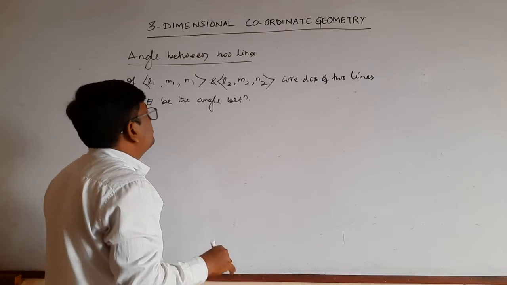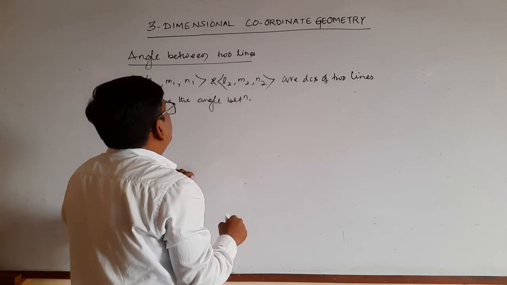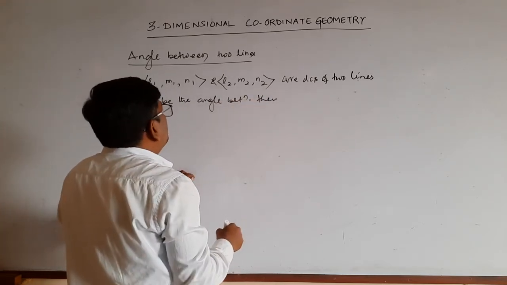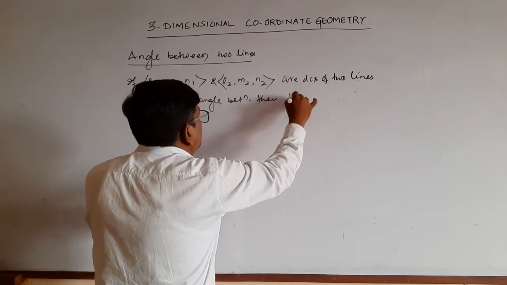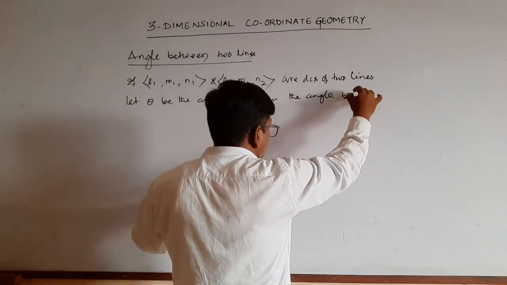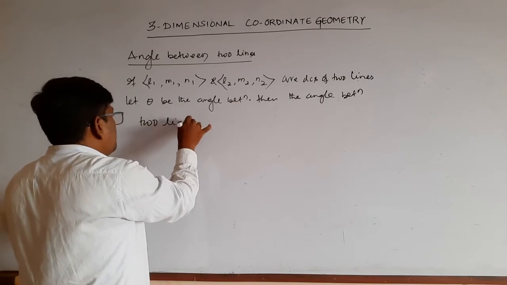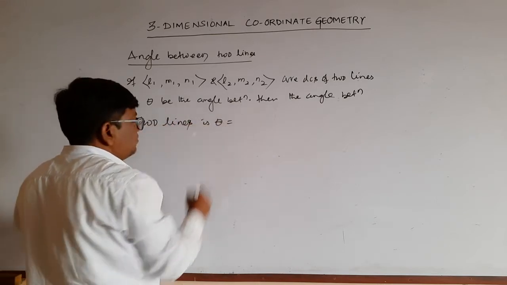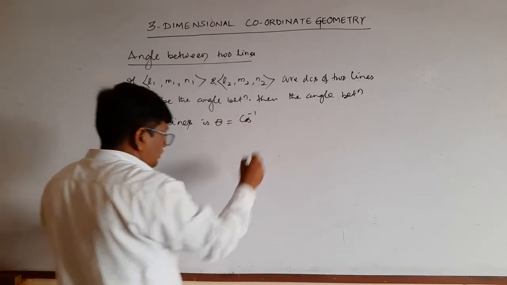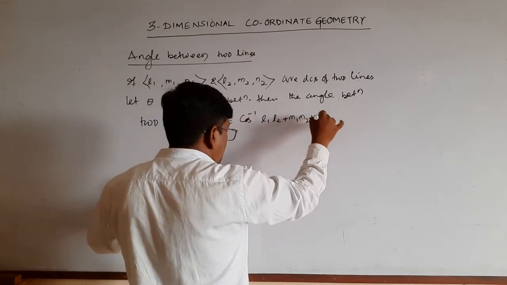Then the angle between two lines is theta equal to cos inverse of L1 L2 plus M1 M2 plus N1 N2.